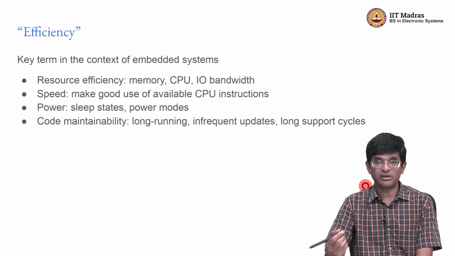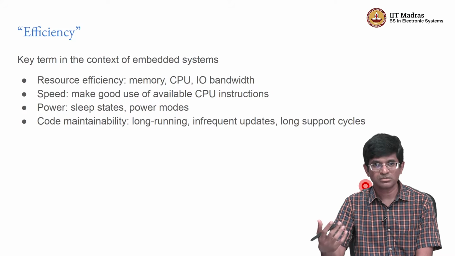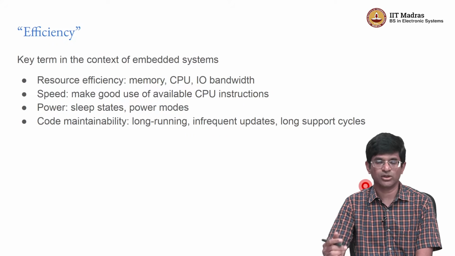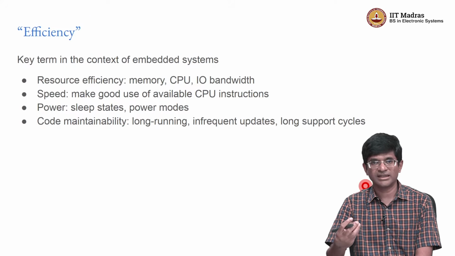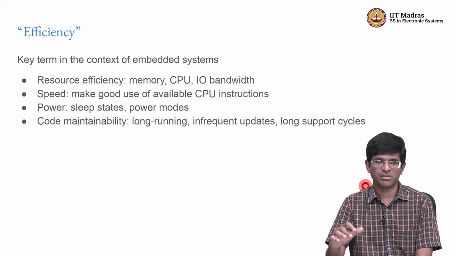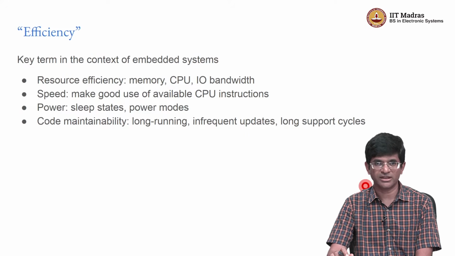There is a concept of power efficiency which basically says, am I using more power than I need in order to run the system? And very often, for example, let's say that we have a device that we are building that needs to communicate over the network and it's using, let's say, Wi-Fi, right? Wi-Fi tends to be a power hungry network communication protocol because it has to keep waking up, transmitting beacons and so on.